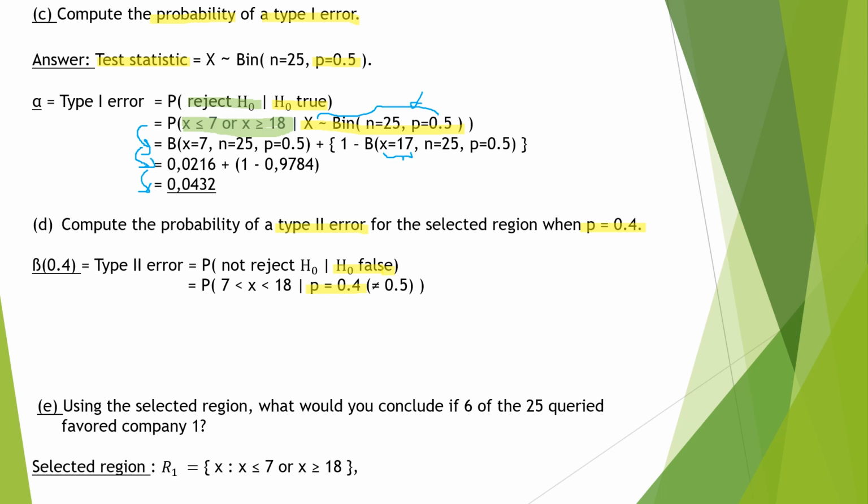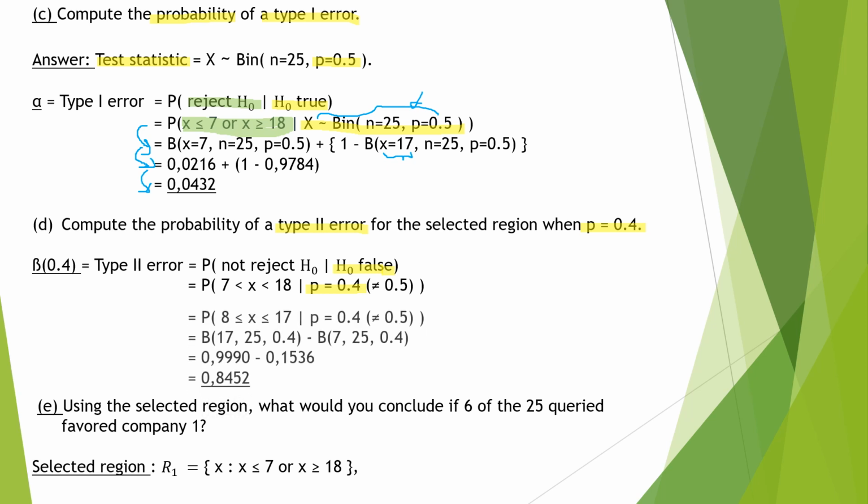So what was our rejection region? It was X less than or equal to 7, or X greater than or equal to 18. If this is the rejection region, what's the non-rejection region? That is basically X has to be greater than 7 and X has to be less than 18.